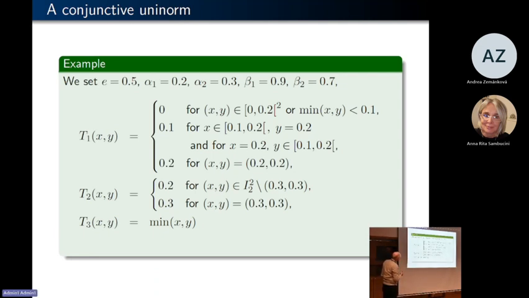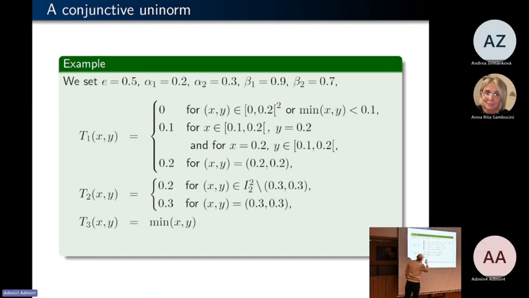The t-subnorm T1 is 0 in this square 0, 0.2. This means it is a kind of drastic t-subnorm. Here we have, in fact, 3 values.